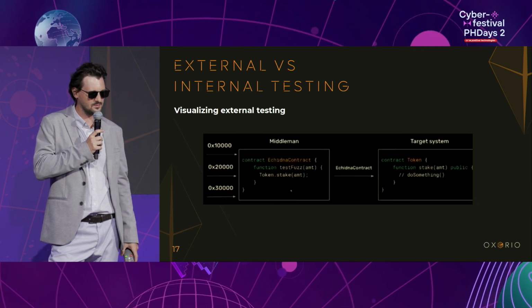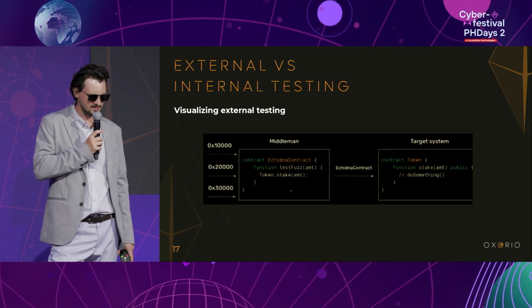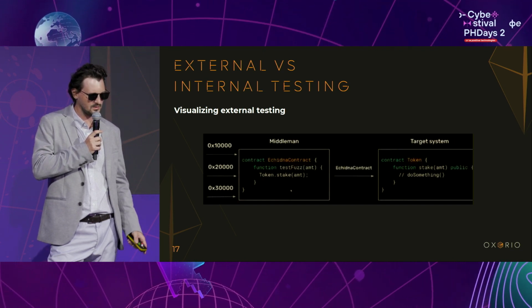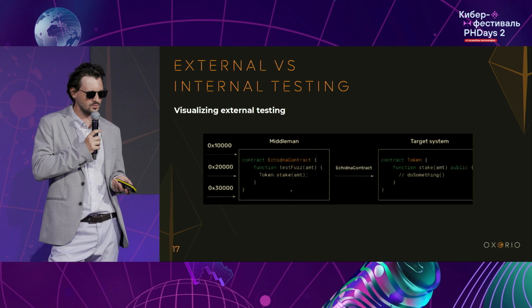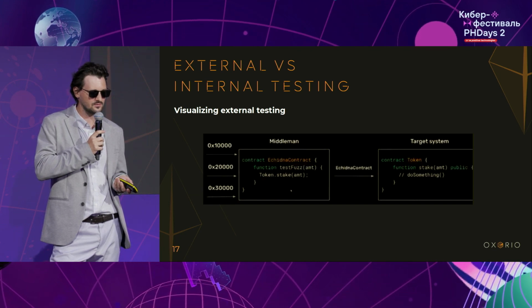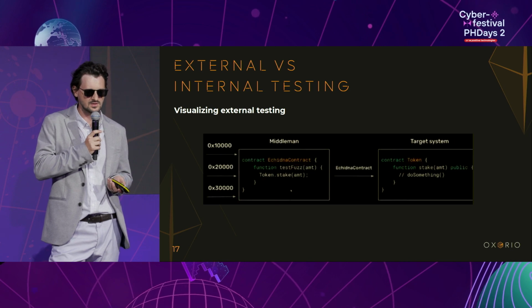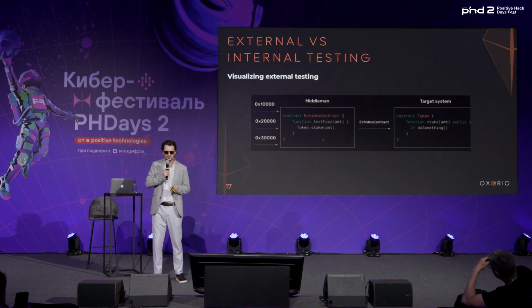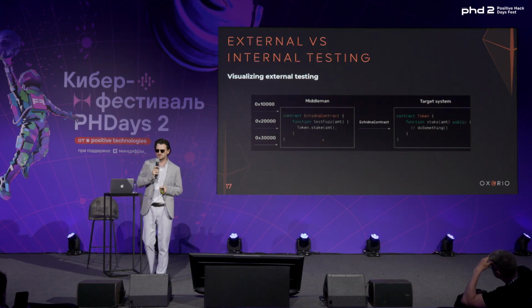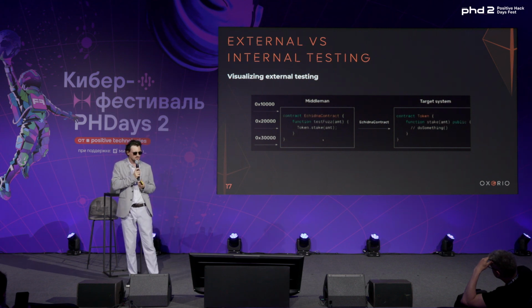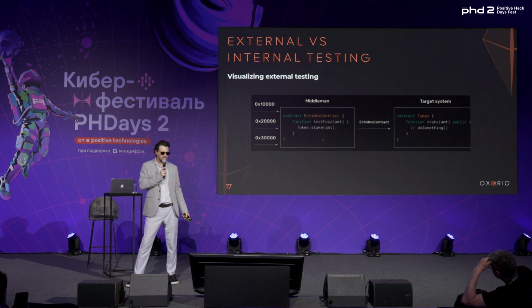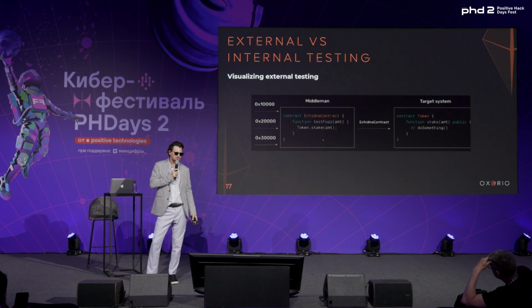When we work with them, we do the following. We have the contract token, and we initialize it in the testing contract, which we use as a wrapper. We wrap it up in this contract, and thus we get access to all of the functions.